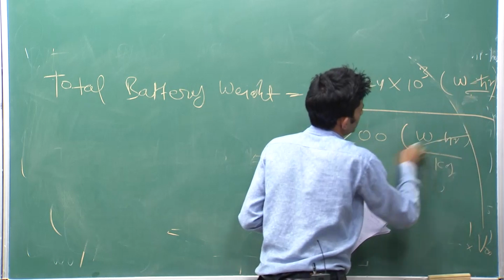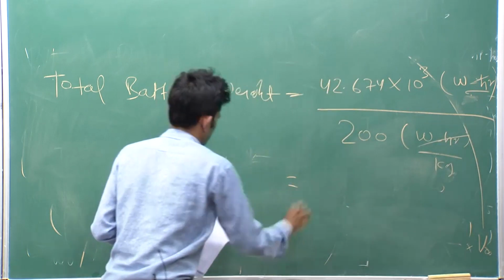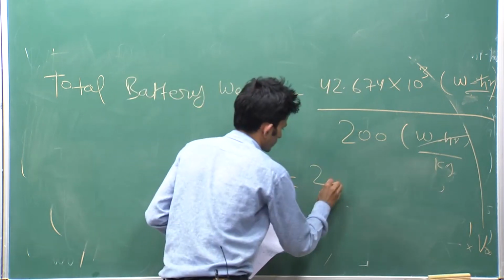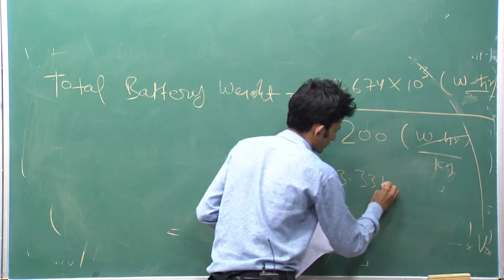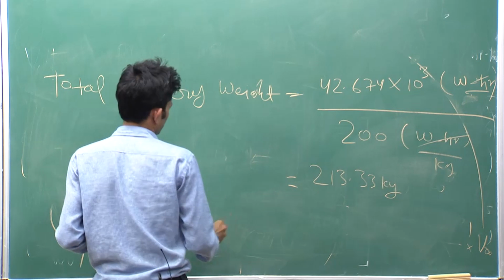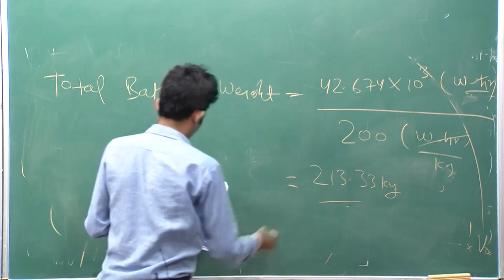The watt hour will cancel. If you solve this, you will get 213.33 kg. This is the total weight of the battery.